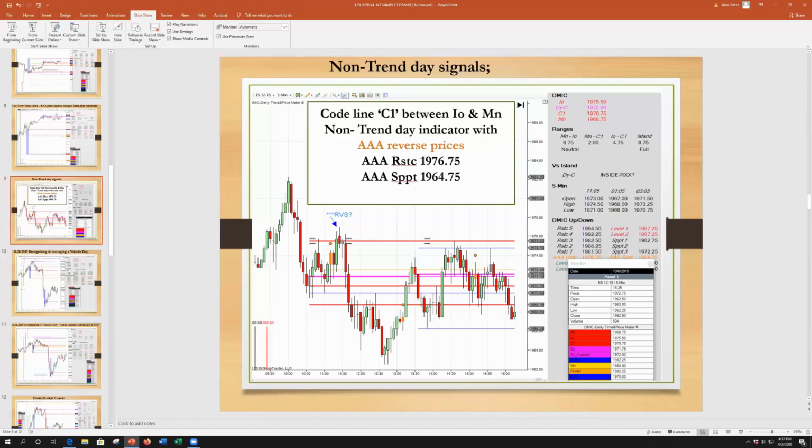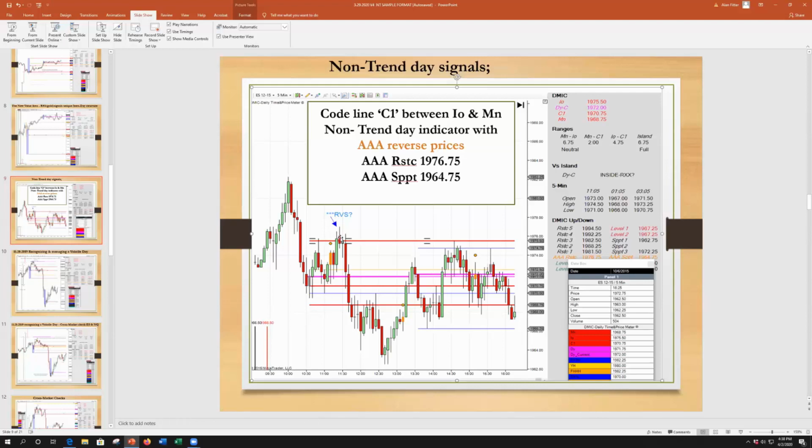Now, this shows a C1 mid, meaning that the C1 code line is between the IO and the MN code line. This signals a reference to the AAA orange support and resistance prices. So we go down here, we've got a C1 mid, we look at the orange resistance prices. The market reversed at about the 1976 price.